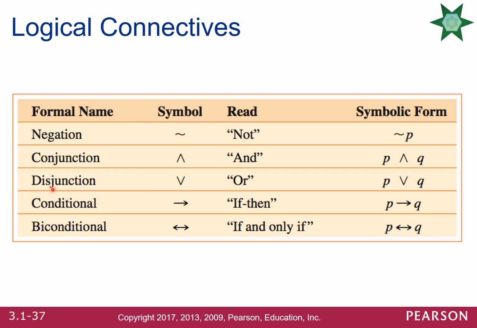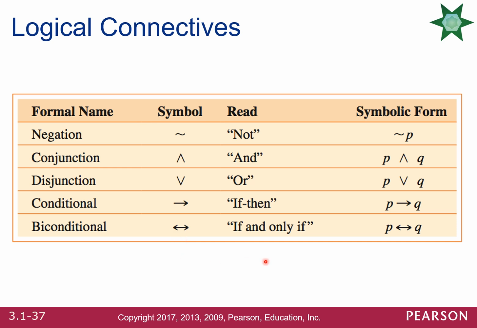All right. And then we have disjunction, which means or. The symbol for that is the V, and we write it as P and then or Q. We have the conditional, which is the if then statement, and the symbol for that is a one directional arrow pointing to the right, written as if P, and then the symbol for if then followed by Q. And finally, we have the biconditional, which means if and only if, and in that case, the symbol, the arrow points to both sides.